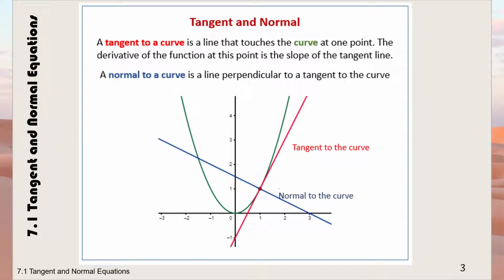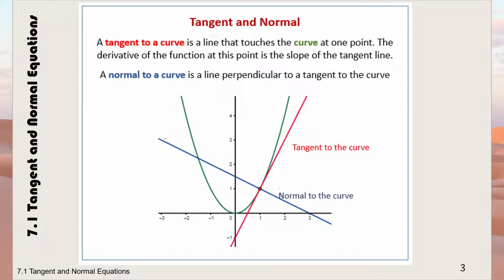Now, first of all, we're going to look at the tangent and the normal. What is a tangent? A tangent is the line which touches the curve at a particular point, and the derivative of this function will be the slope for the red line, our tangent.